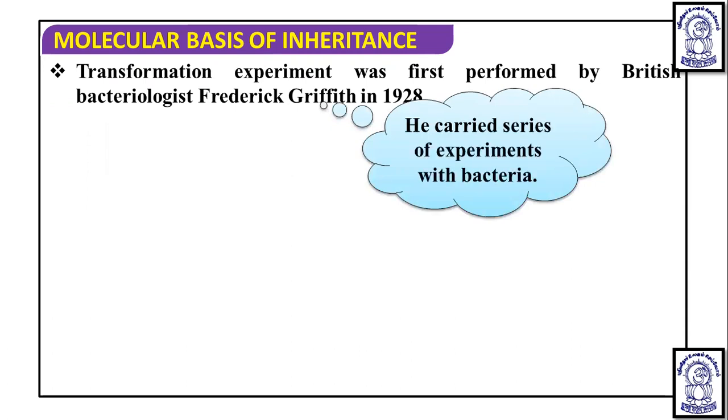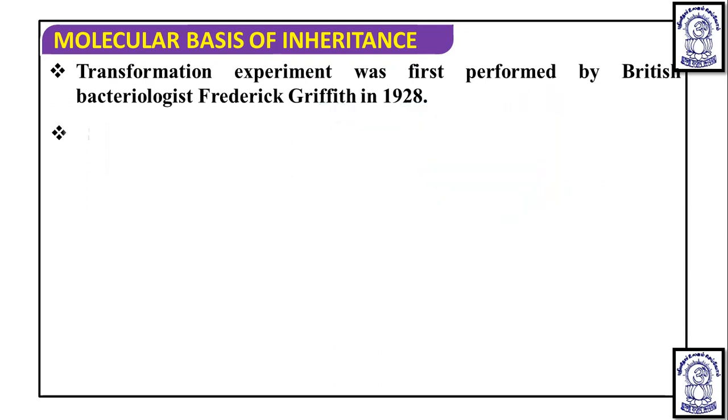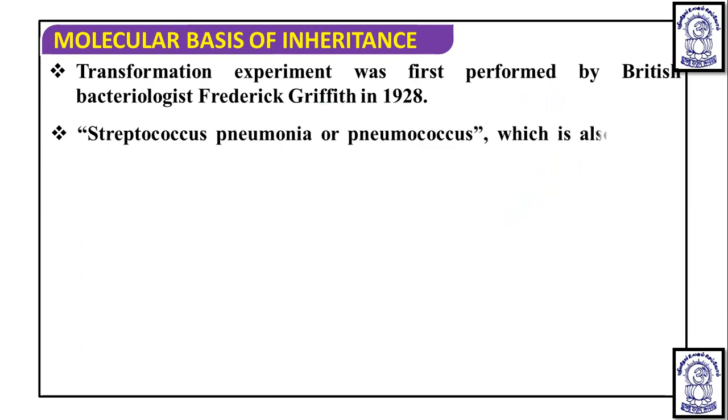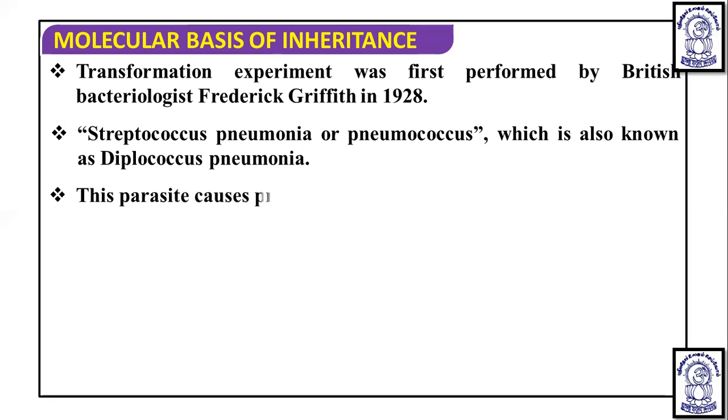In this, he carried out a series of experiments with bacteria, Streptococcus pneumoniae or pneumococcus, which is also known as Diplococcus pneumoniae. Whichever name we use, this bacterium is known to cause pneumonia in mammals, including humans.